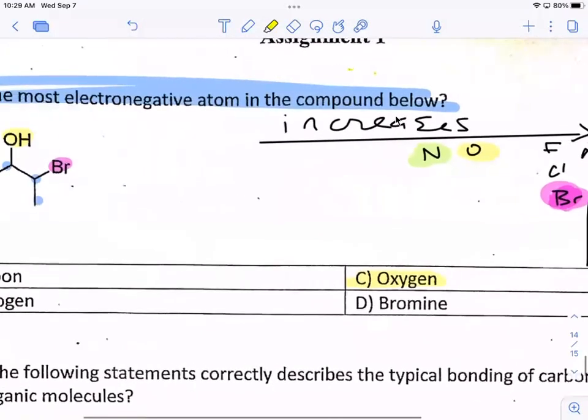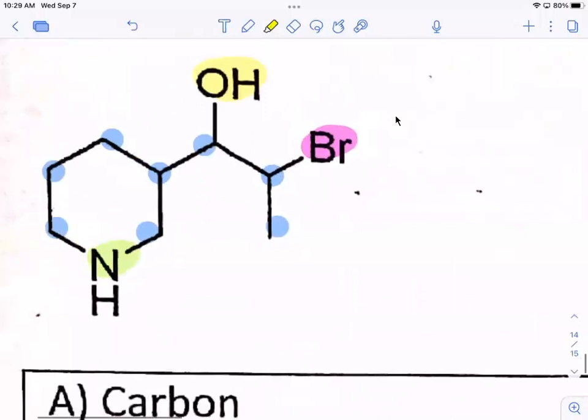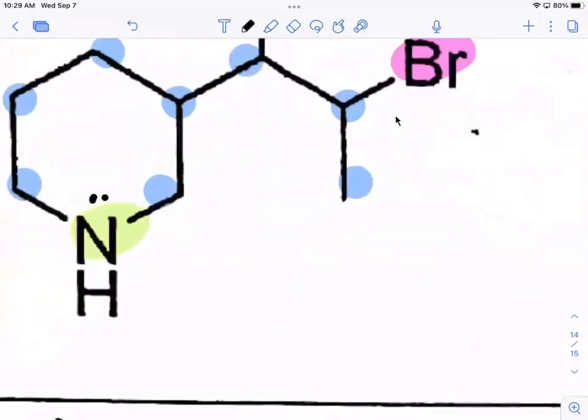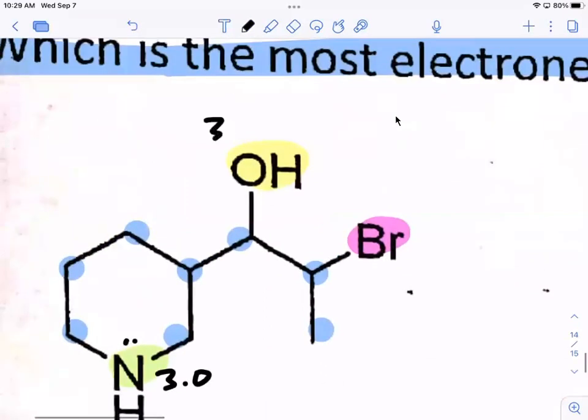So let's see if we can figure out what types of bonds we're dealing with. Can somebody look up the electronegativity of nitrogen, oxygen, and bromine? Nitrogen is 3.0, oxygen is 3.5, and bromine is 2.8.